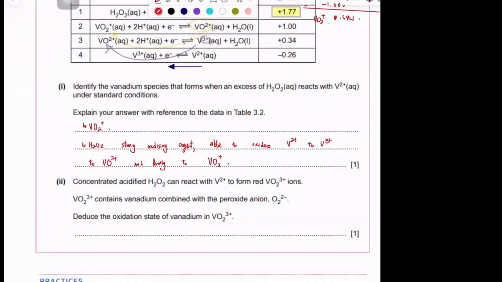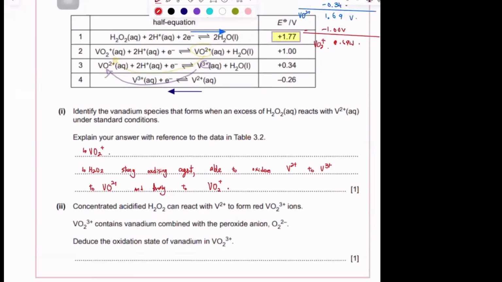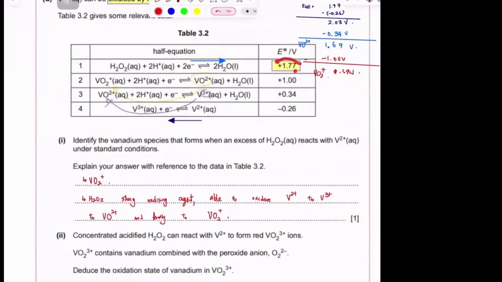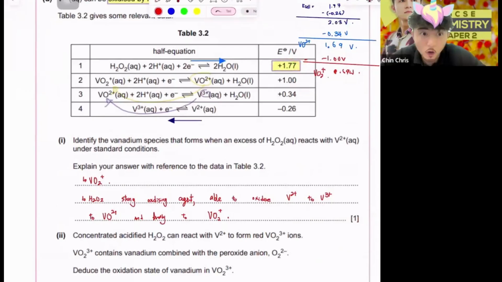So why do you need to successively add the electrode potentials? Aren't they all going to be oxidized by H2O2? Correct. Everything is going to get oxidized by H2O2.